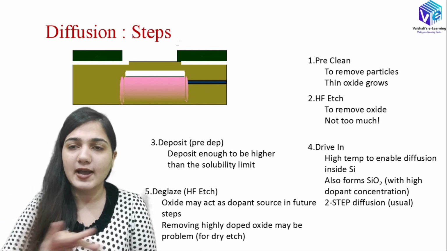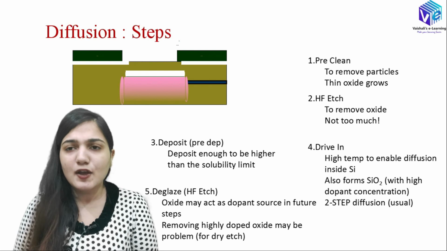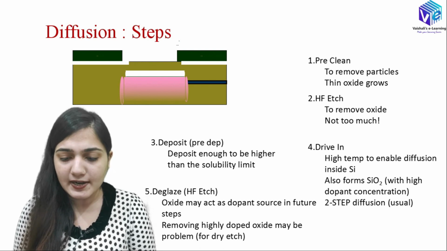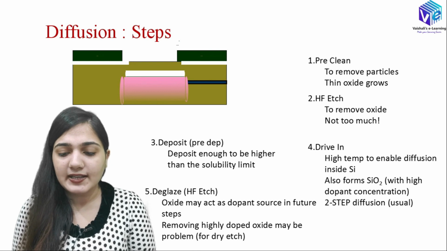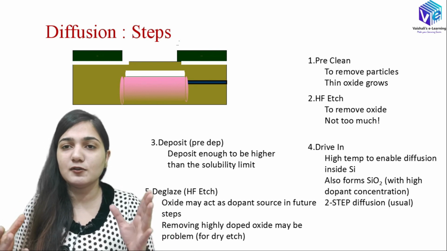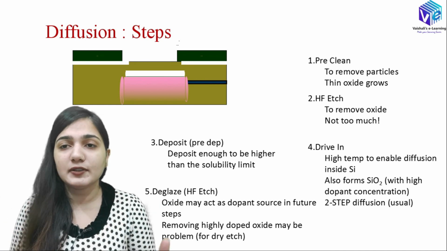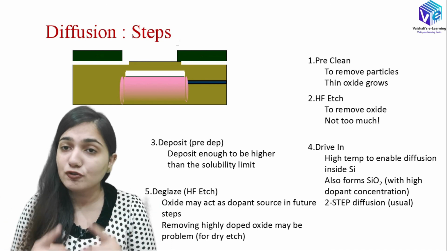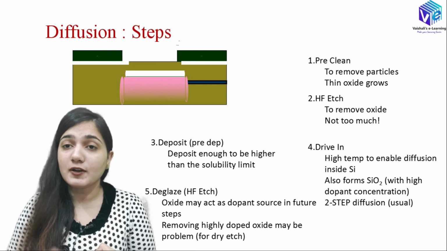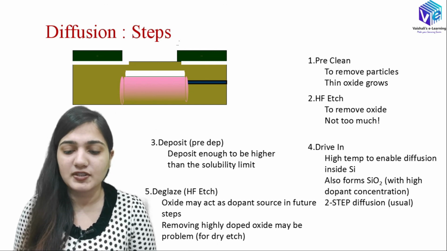After that we don't require the masks that we had, so we are removing all of the silicon dioxide layer that we had. The oxide may act as a dopant source in a future step, because this oxide may also get contaminated with the dopants, so I have to remove these oxide layers. I hope now you understood the need for removal of this oxide layer.